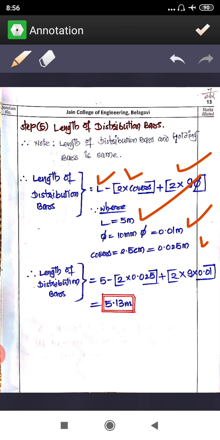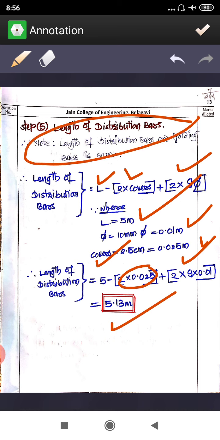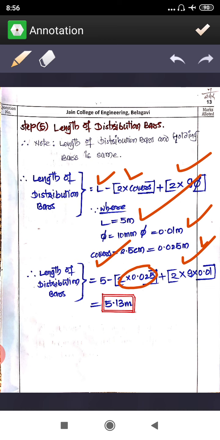So altogether here it is 5 minus 2 into 0.025 covers plus 2 into 9 dia, that is hooks. So totally you will be having 5.13 meters. Now those 21 bars and plus those 4 bars, all bars are of 5.13 meter. So I have mentioned here in the note that the length of distribution bar plus holding bars is the same. So that is what I showed here.